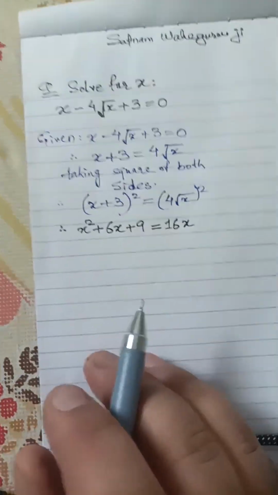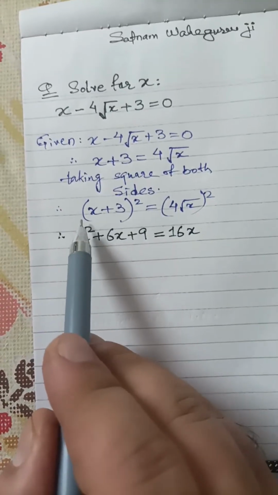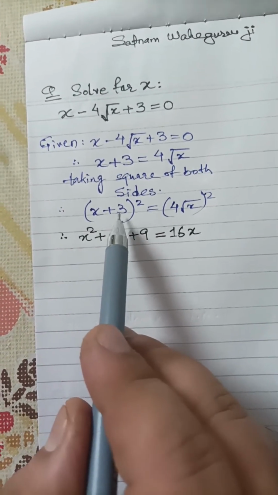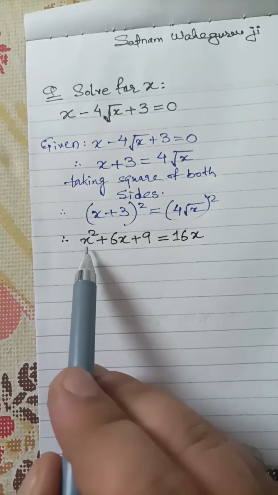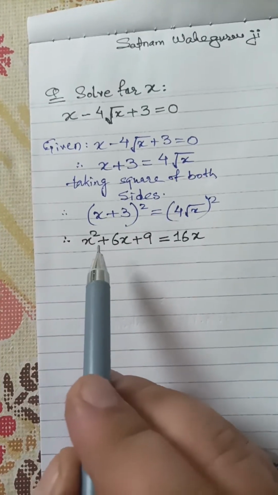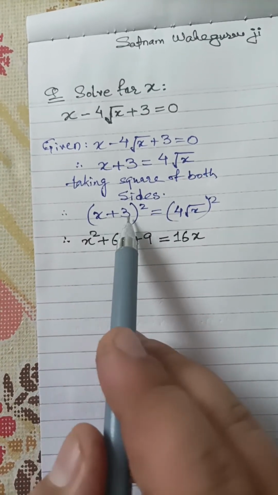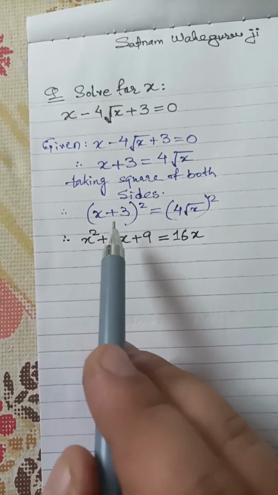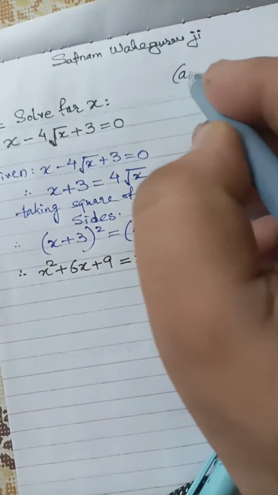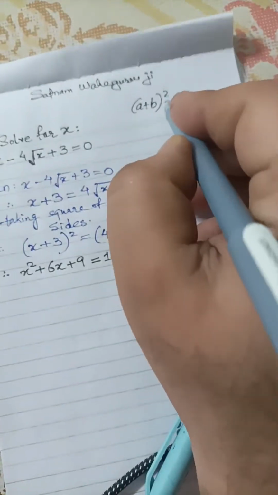This whole square you all know, when we have to do a whole square of a bracket with two terms. So square of the first term, then this plus sign will come here, then first term into last term into 2, like this. Suppose a plus b whole square you have to do.